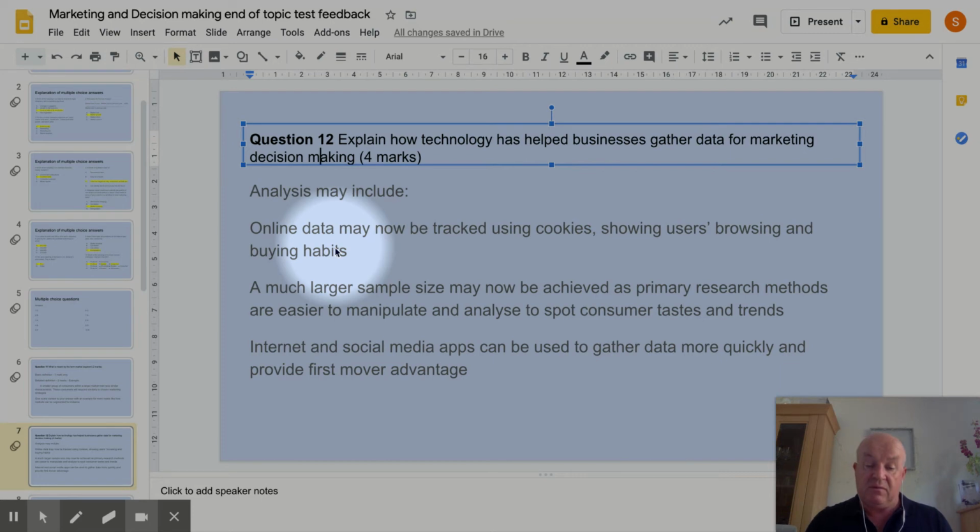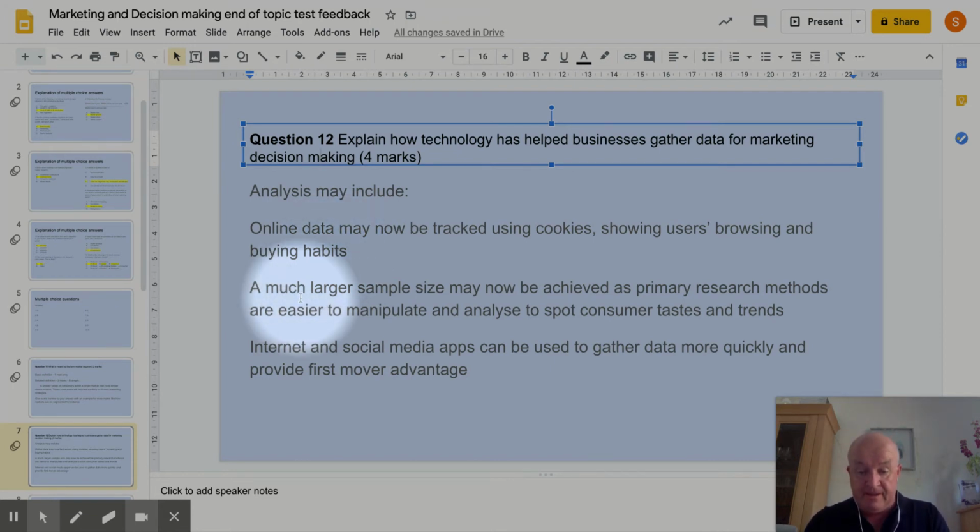Obviously, somebody like Amazon or some of the big e-commerce sites will often do 'people who bought this particular product also bought'. So there's all sorts of things that can be done in terms of suggested sales and all that sort of thing based on the data that you're gathering.